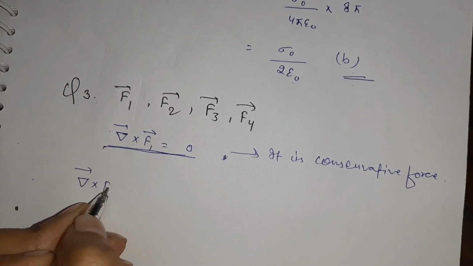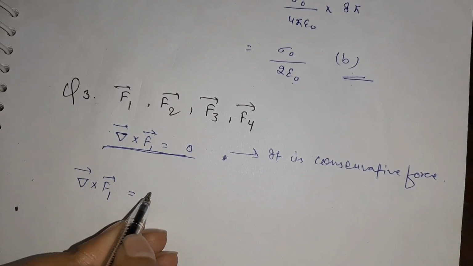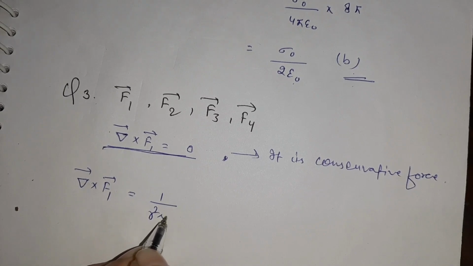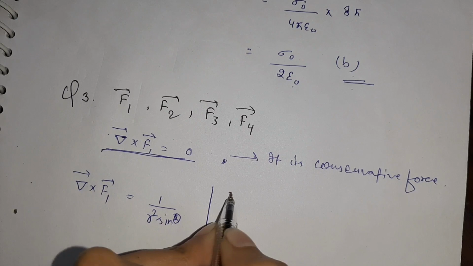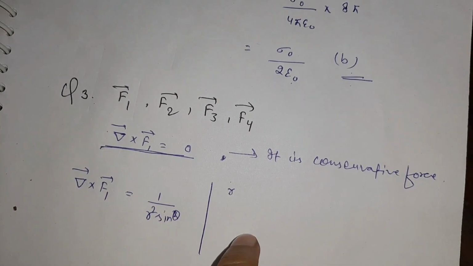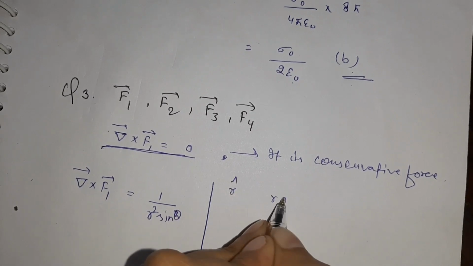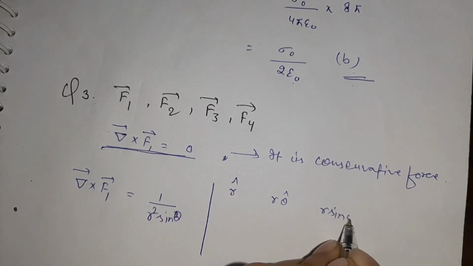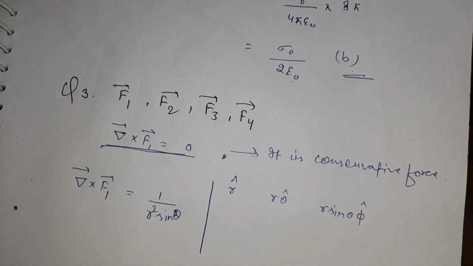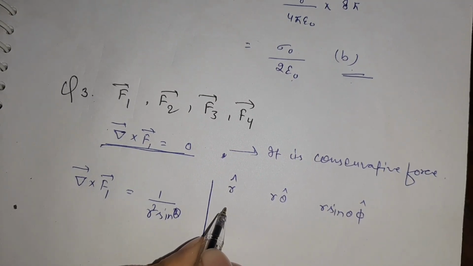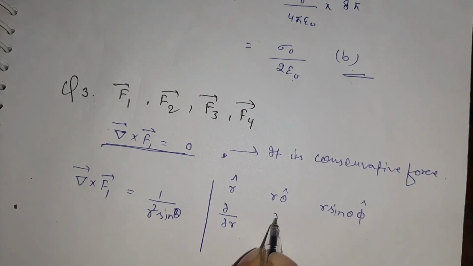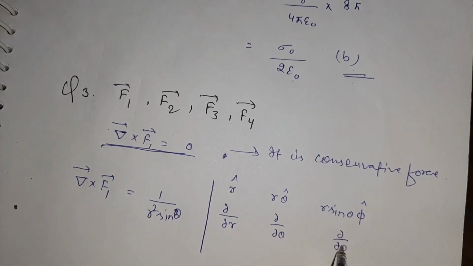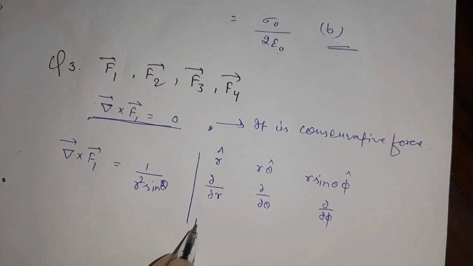Curl of any vector quantity can be written as 1 by r square sine theta times the determinant, given in spherical symmetry. Okay, so r cap, r theta cap, and r sine theta phi cap. These are our three components. Okay, and now this is the curl, with del by del r, del by del theta, and del by del phi. You need to remember this. Okay, this is very important.